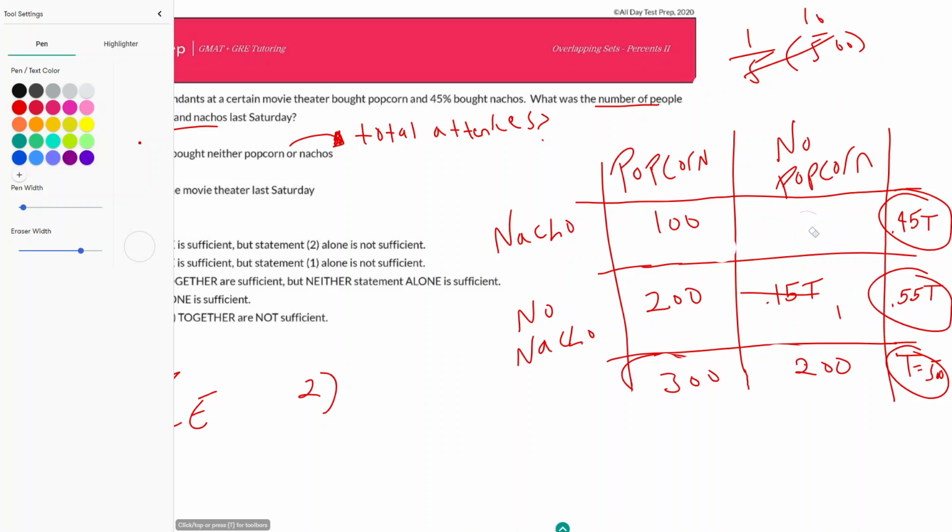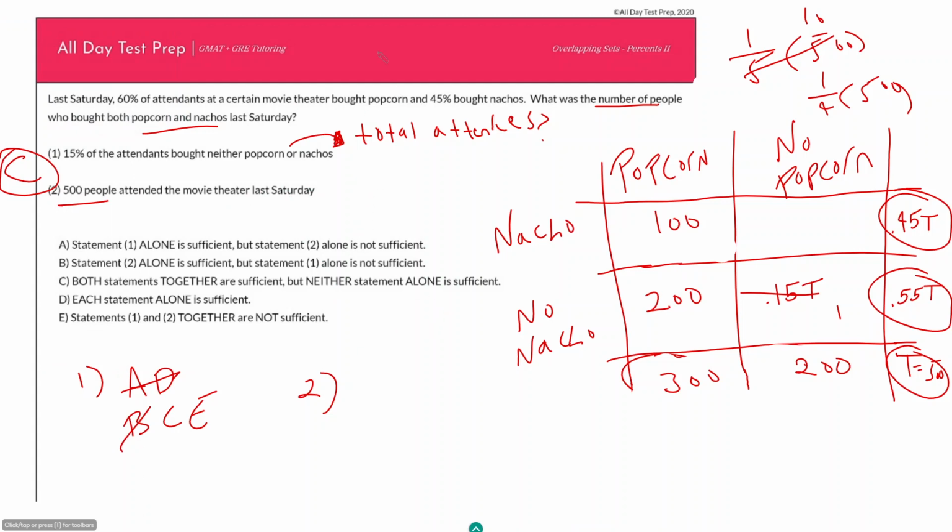Where's this number here? So 25%, that's going to be 1/4 of 500. What is 500 over 4? 125.